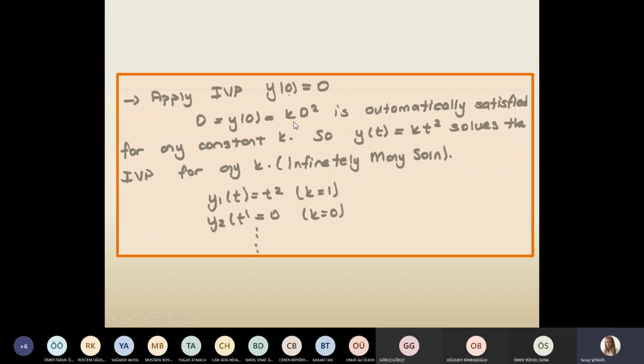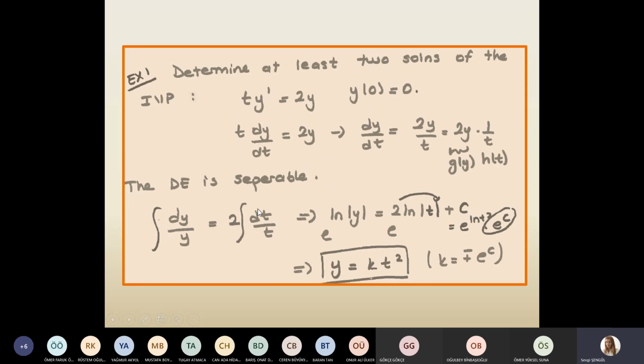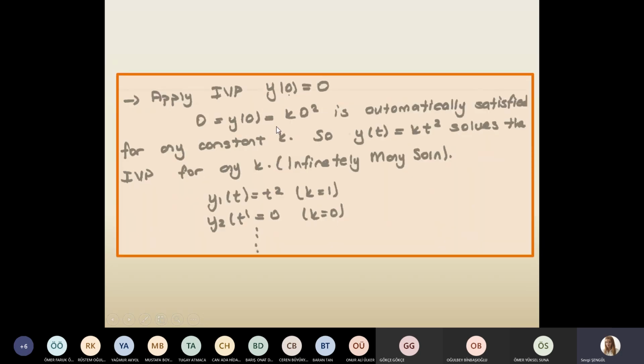Then I can write my solutions as y equals t squared, y equals 2t squared, 5t squared, 5.3t squared, whatever you take k, this initial value problem is going to be satisfied because when t is 0, y is 0, and it doesn't matter what k is. So you can find infinitely many solutions for this initial value problem. And in general, we don't want that. We want only one solution so that it can work for us, okay?